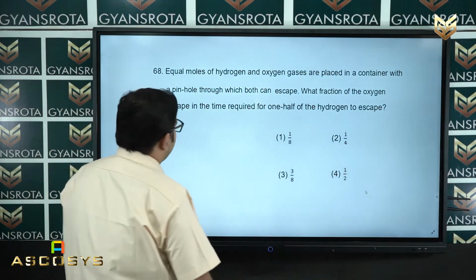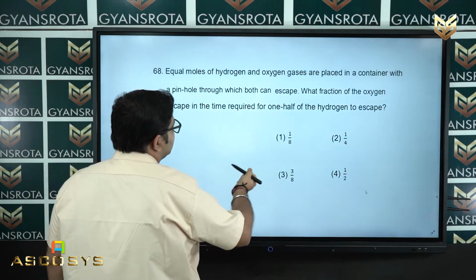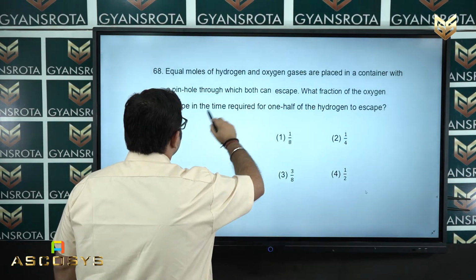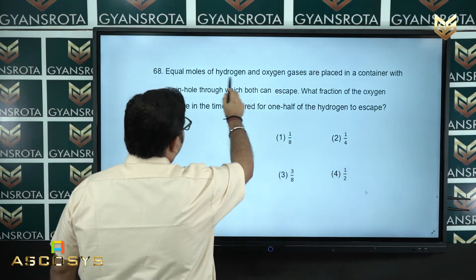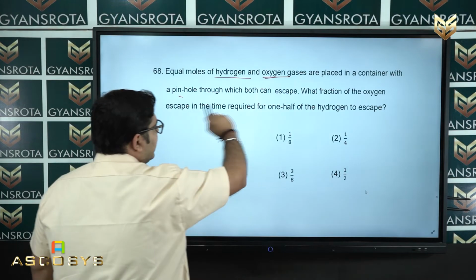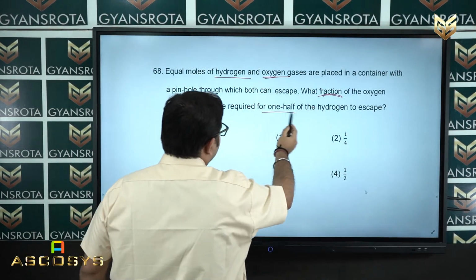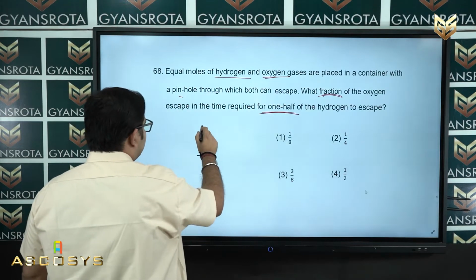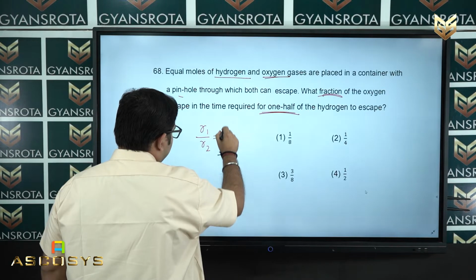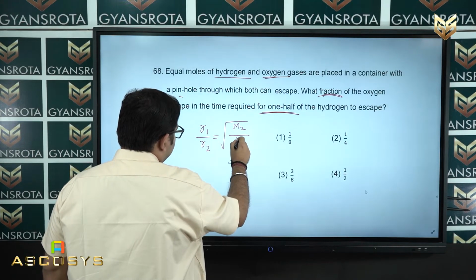States of matter is the chapter given in your class 11 NCERT. Now if you see, they ask about the pinhole and they have given hydrogen and oxygen, and what fraction of the oxygen escapes in the time required for 1/2. We know that R1 by R2 is equal to root over M2 by M1.